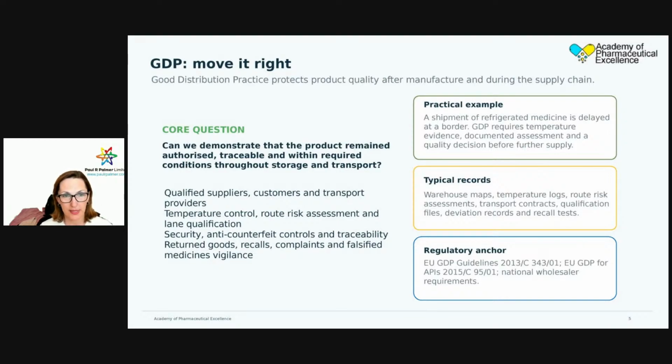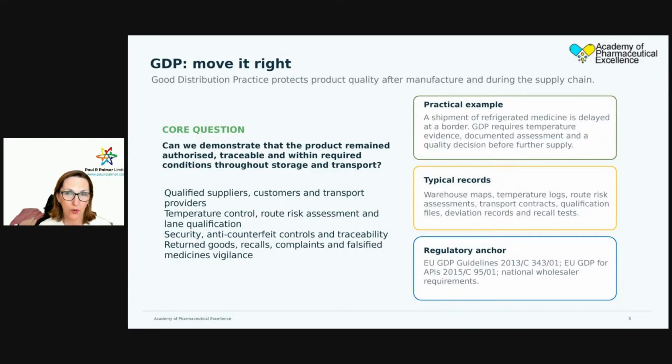But a medicine can be made perfectly under GMP and it could still fail at the patient level if it's stored incorrectly, transported in poor conditions, mixed with unauthorized stock, or exposed to falsification risks, and supplied without traceability.